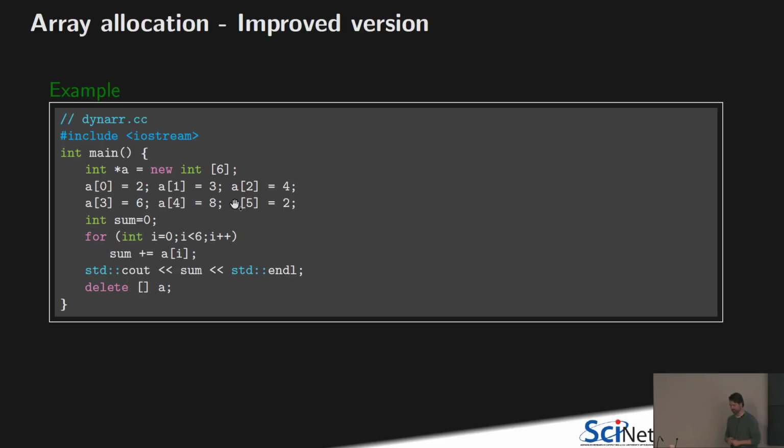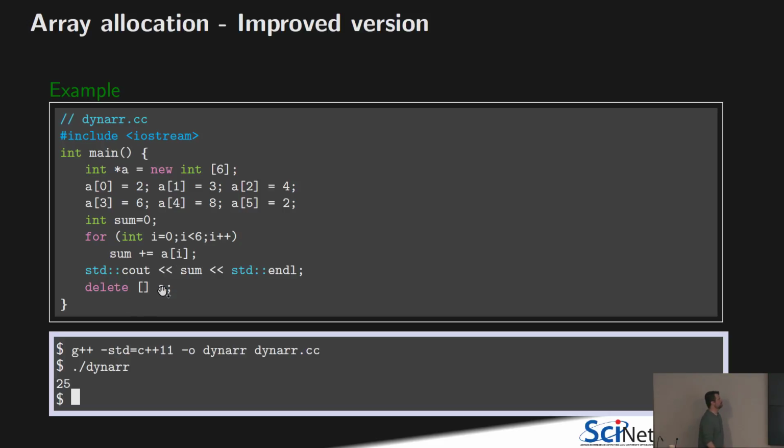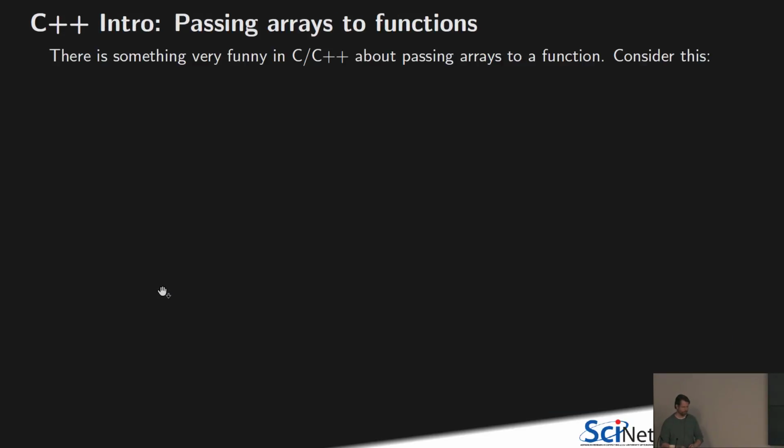And then the sum is done in exactly the same way. So nothing changed except the initialization and then giving back the memory. But this could, in principle, be changed to work with 6 million numbers, and as long as you have the memory in your machine, it will work.